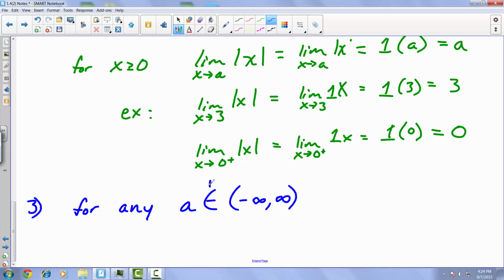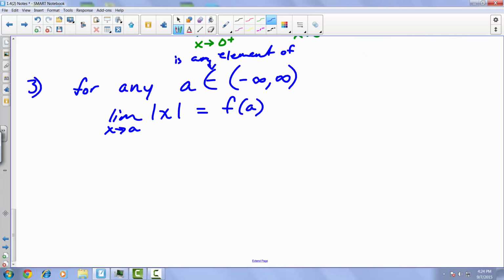This, by the way, is an element of. In other words, this a is in between negative infinity and positive infinity. It's part of it. Then the limit as x approaches any a for this absolute value of x function is equal to f of a.